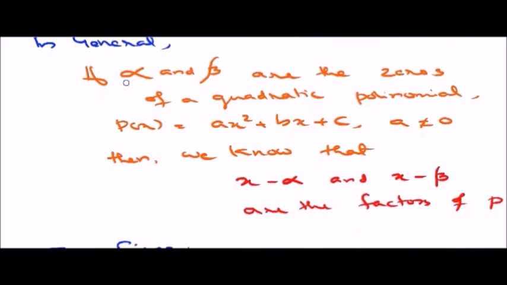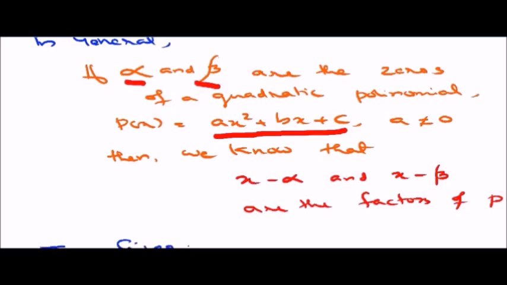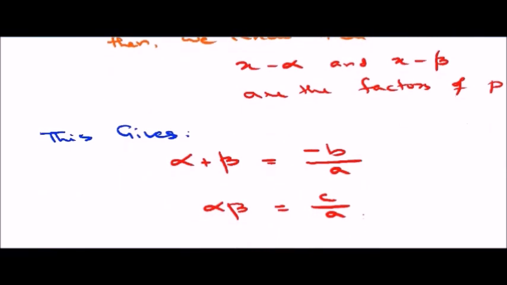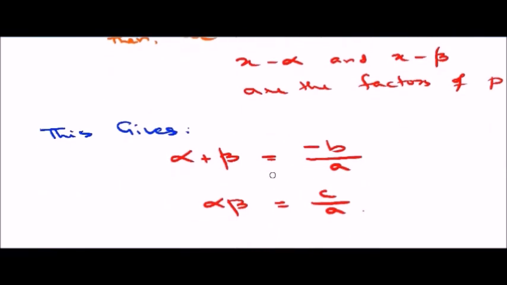So in general, if alpha and beta are the zeros of a quadratic polynomial p of x is equal to ax square plus bx plus c, where a not equal to 0, then we know that x minus alpha and x minus beta are the factors of p of x.